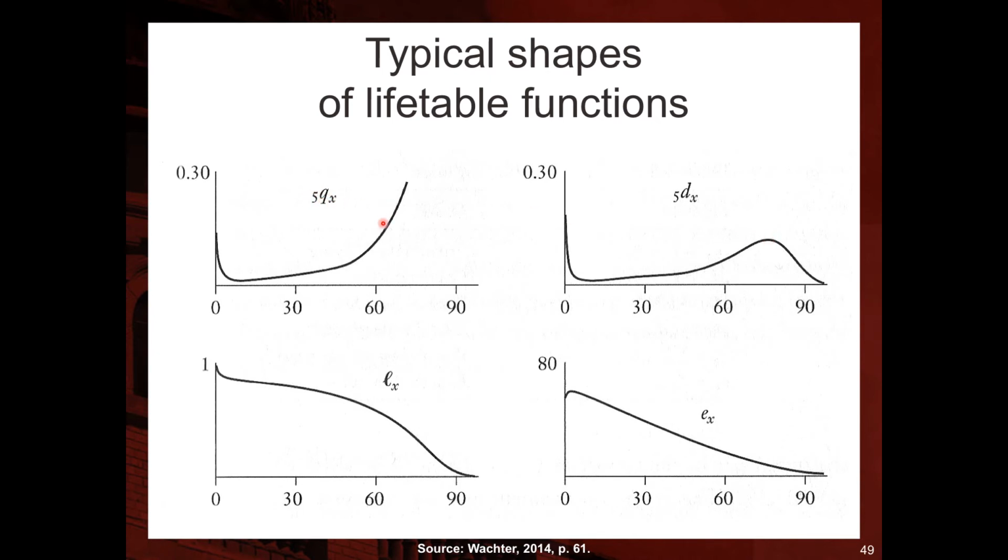The probabilities of dying are high, but the overall number of people is not so high, so the overall number of people dying in these older age groups tends to decline after you reach a specific point in the life table. And these are the number of people surviving to the beginning of that specific age group.